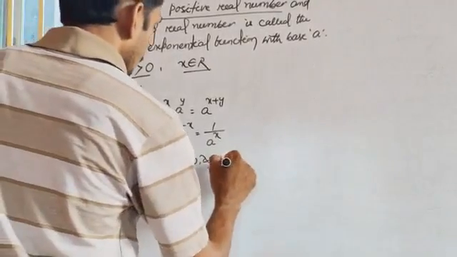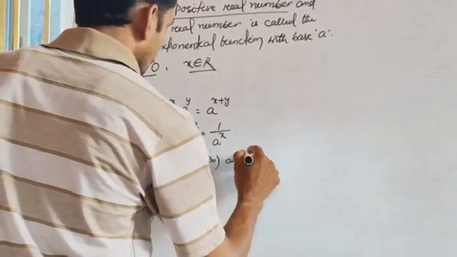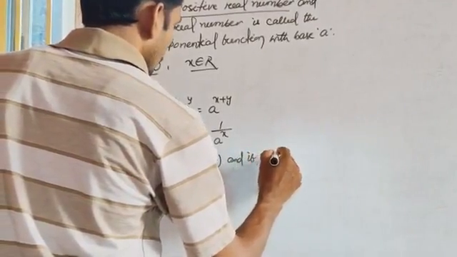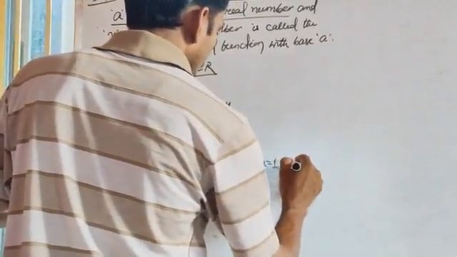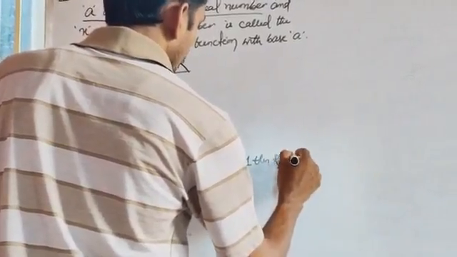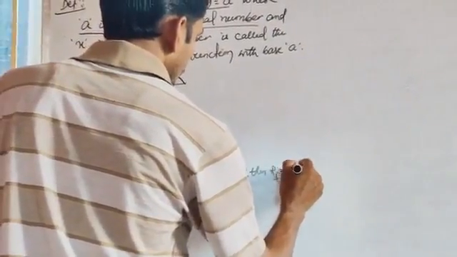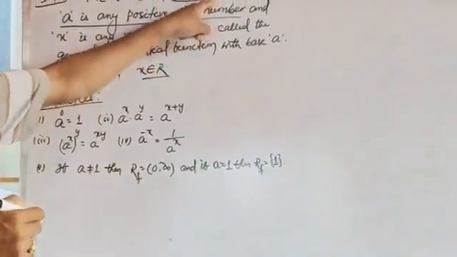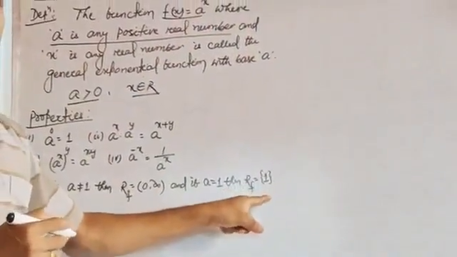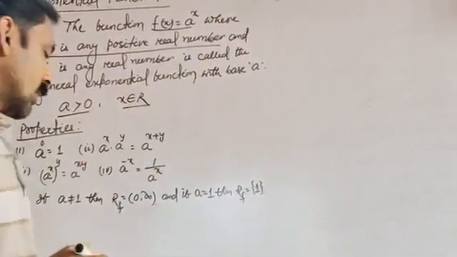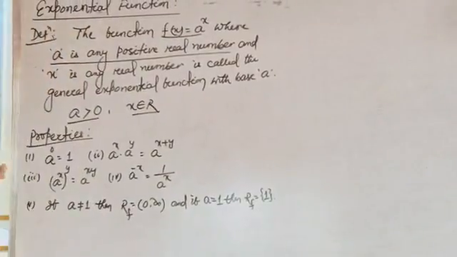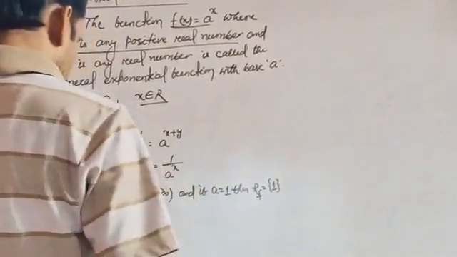And if a is equal to 1, then the range of f is only 1, because 1 to the power any number is 1 only. But if it is not equal to 1, then you will get 0 to infinity.